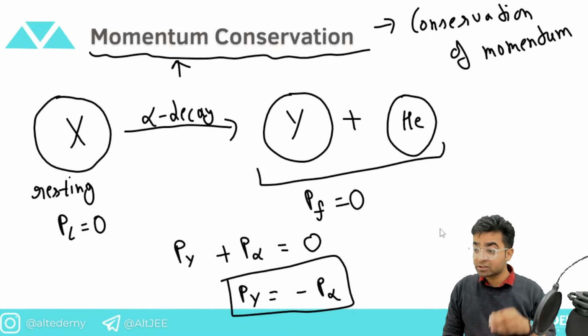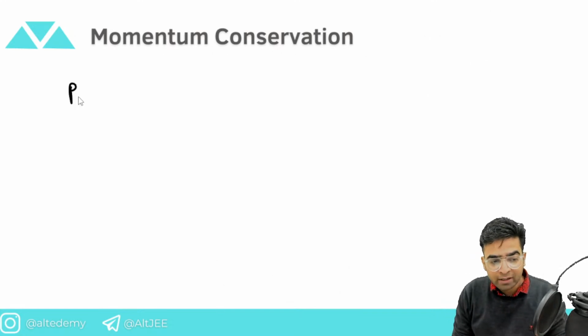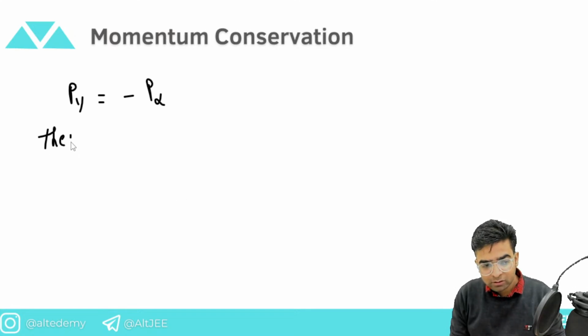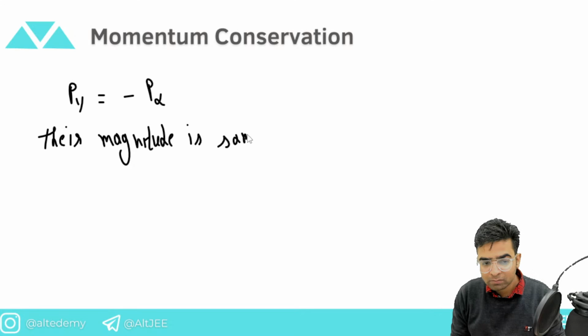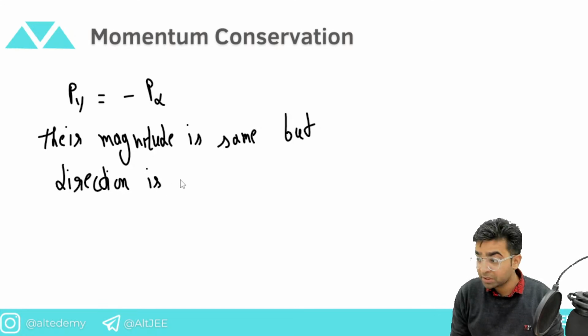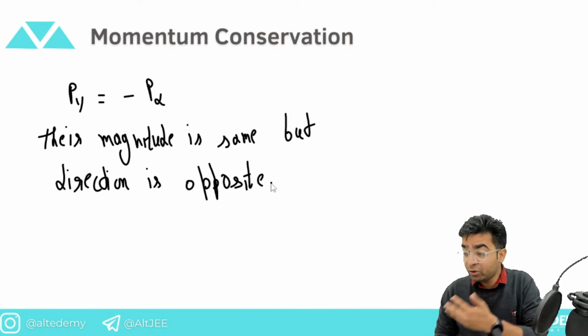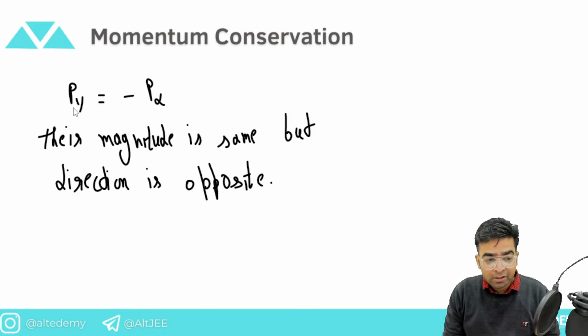What it means is their magnitude is the same, but their direction is opposite.